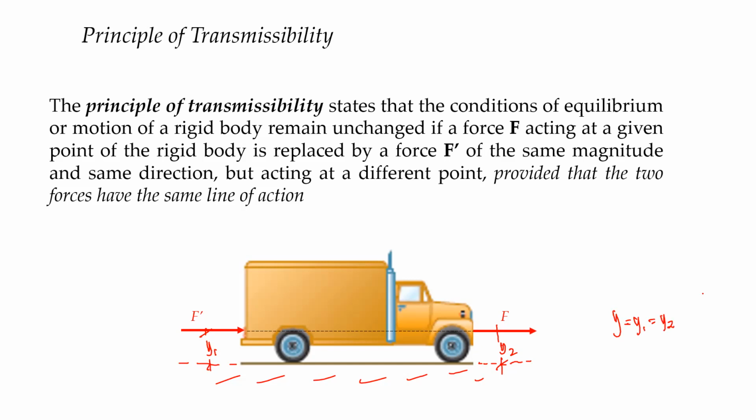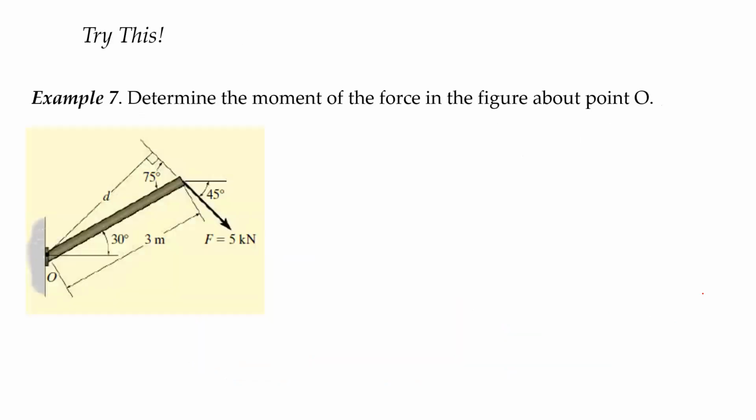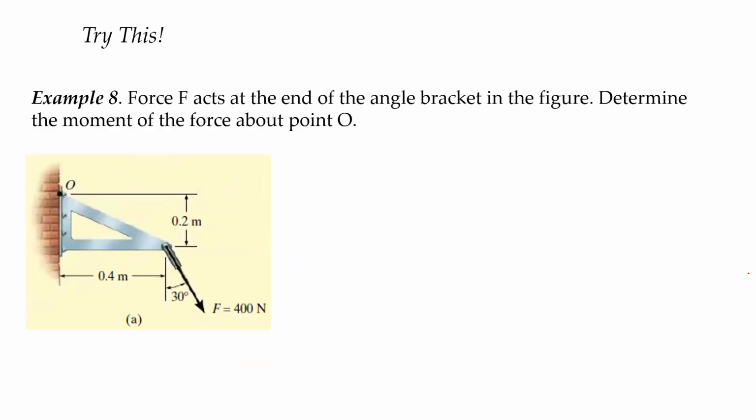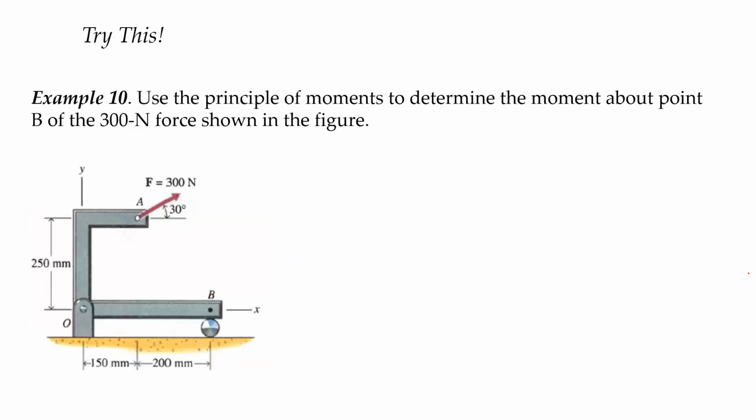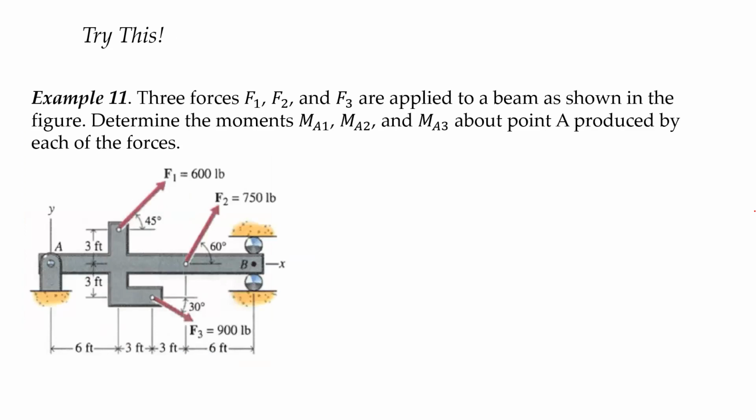And that is the principle of transmissibility, which is very essential in our upcoming examples. So please see in the comments the video for examples 7, 8, 9, 10, 11.